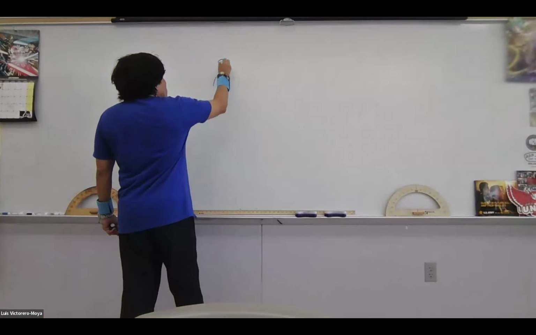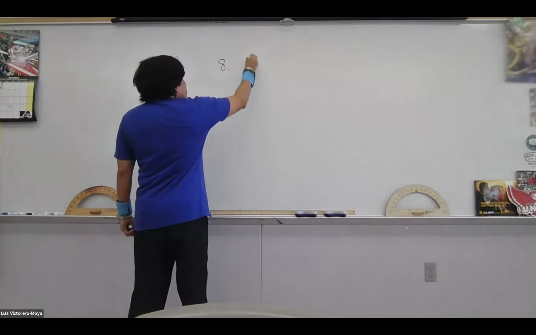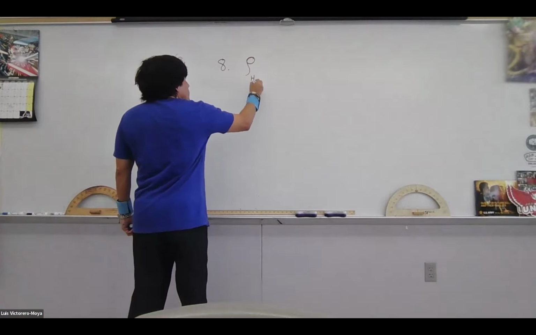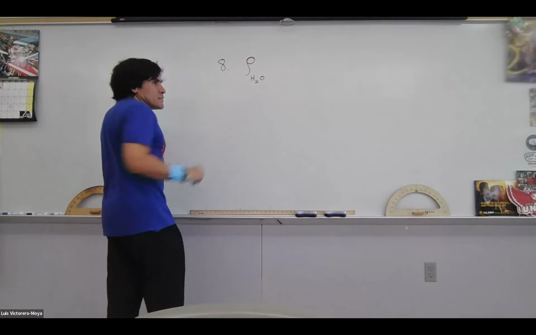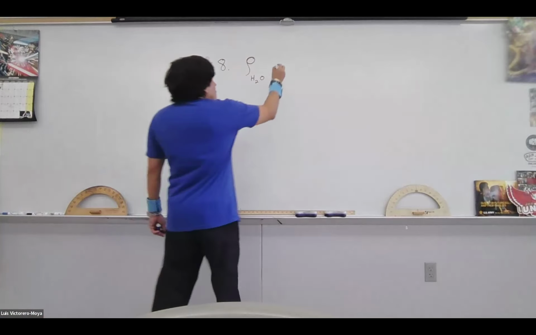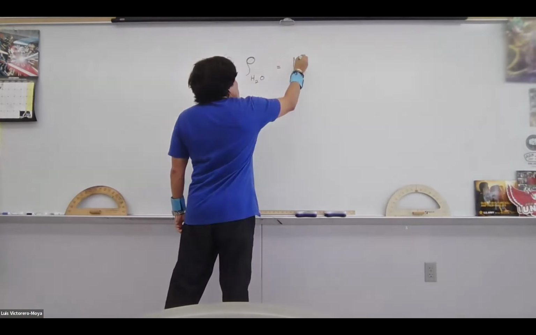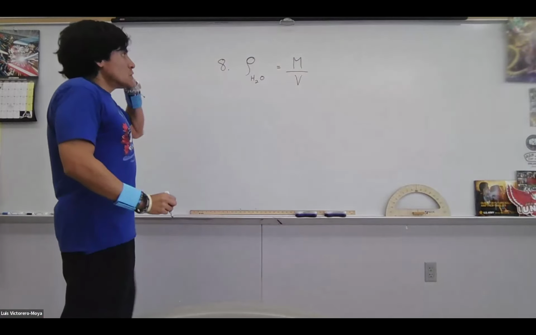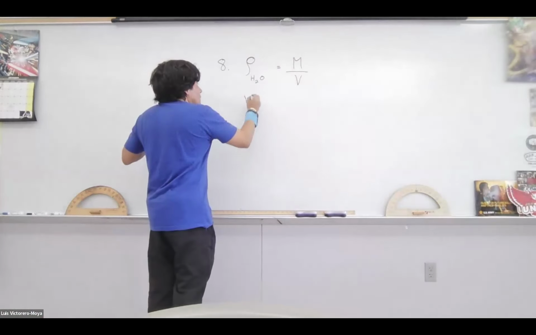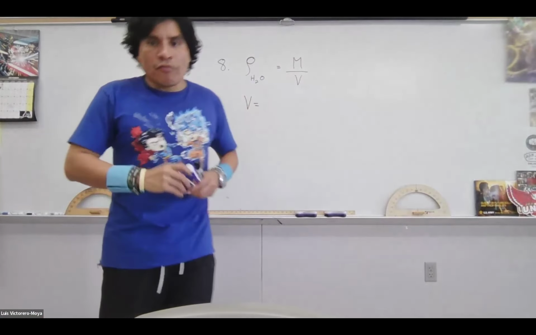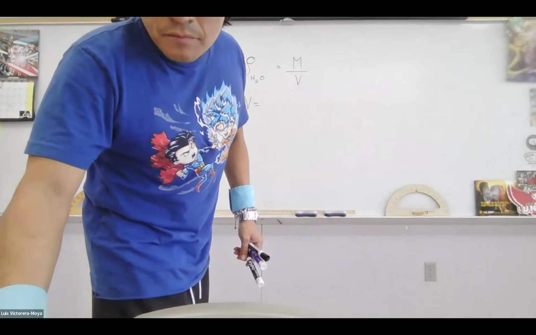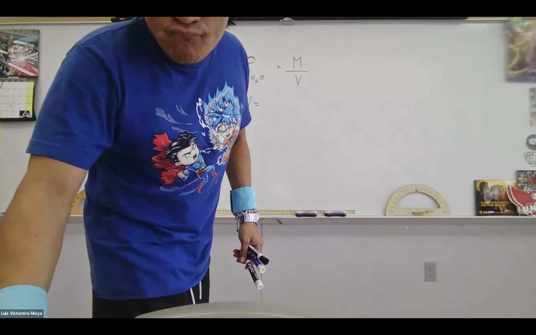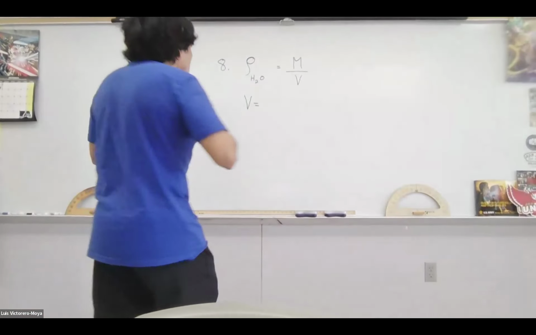For number 8, the density of water, rho is the symbol for density, is equal to mass over volume. So we know that the volume displaced is 0.6 meter cube.